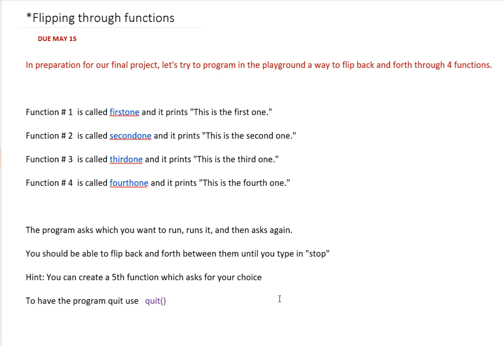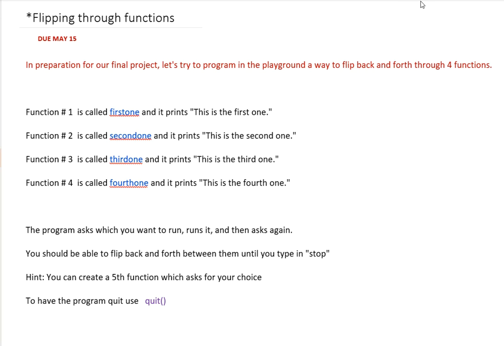And then you also have to be able to ask for the word stop, and then it'll stop the program. And you can use quit. This is the function quit to stop the program. You can also maybe have something that if it doesn't understand what you put in, says please try again. So that's the idea, and that's what I want you to fool around with.